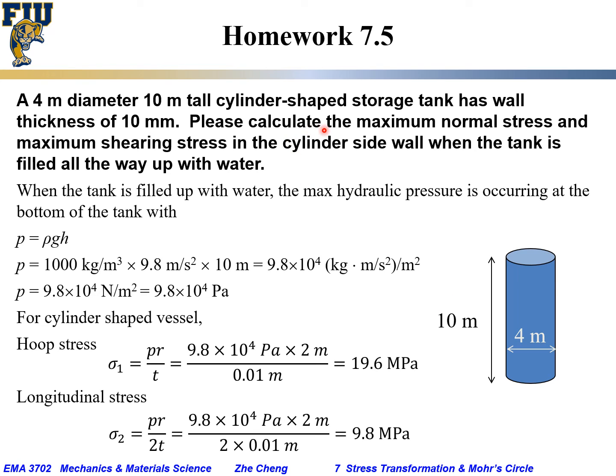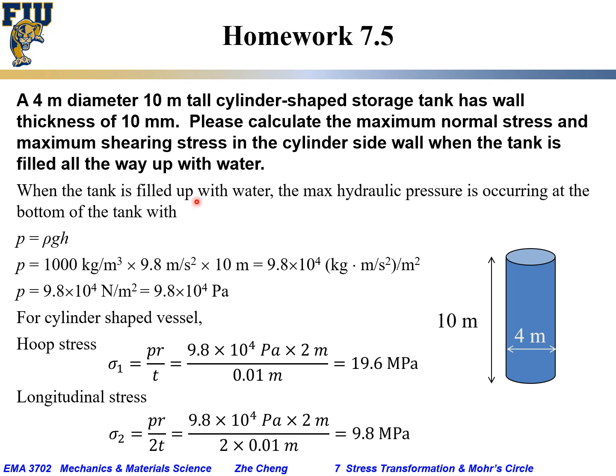We want you to calculate the maximum normal stress and the maximum shearing stress in the cylinder side wall, when the tank is filled all the way up with water.